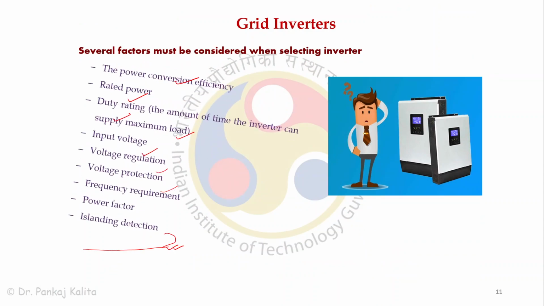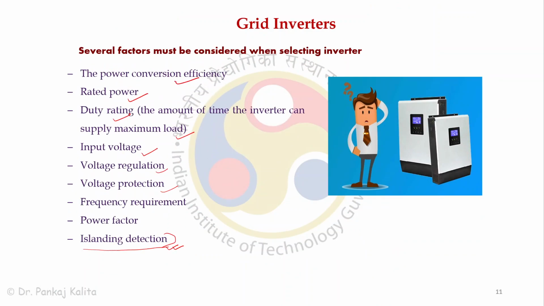There are several factors, but I don't think these need to be discussed. One thing is a term, islanding detection. When you talk of an island, it is something surrounded by water. The same type of thing happens here.